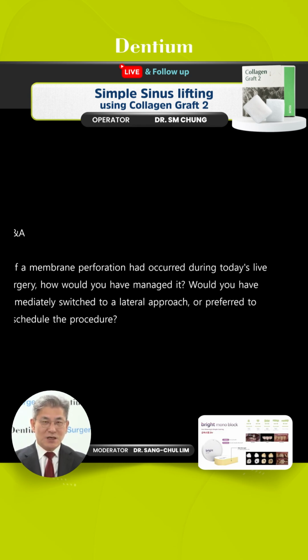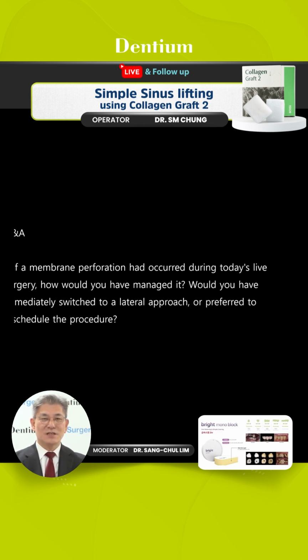However, there is the big and wide perforation when you use a crestal approach if the remaining bone is small. For example, the indication of the crestal approach is remaining bone of 4 to 6 millimeters.